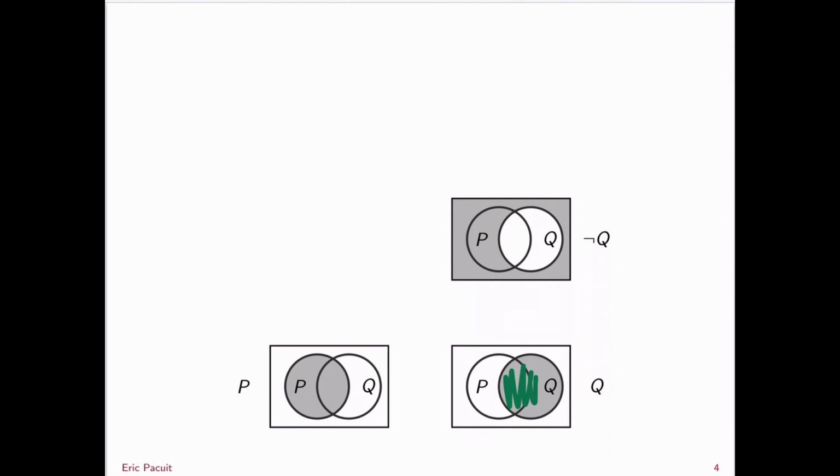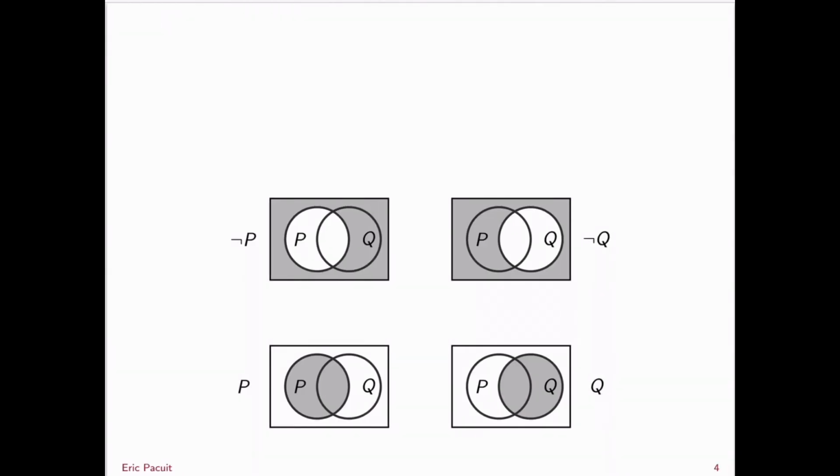And again, the shading represents all the ways in which not Q can be true. And we're going to do the same thing for P. So we've shaded the circle region where P is true, and we shade the region outside of the P region because that represents all the ways in which P can be false.